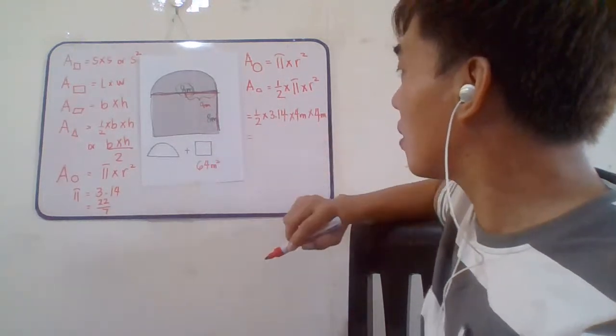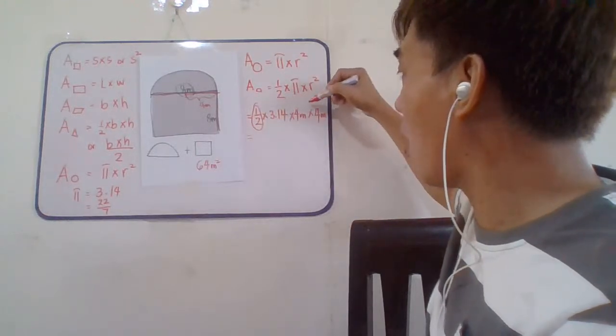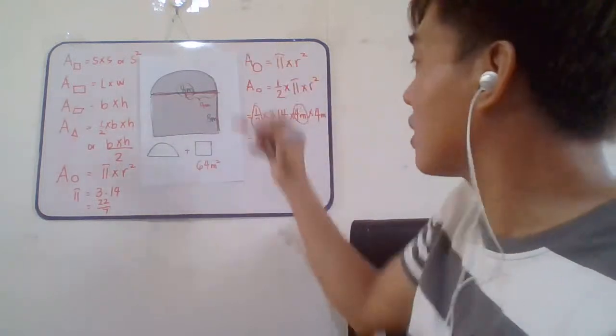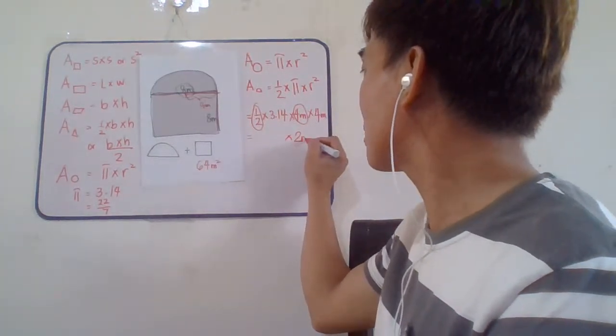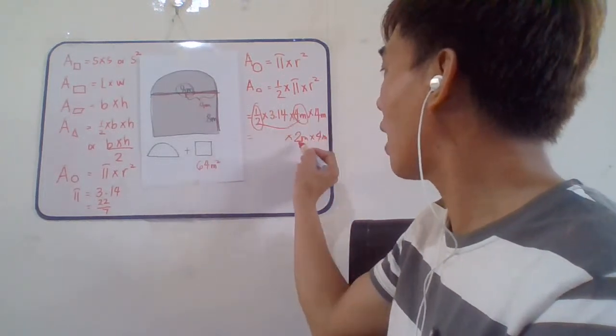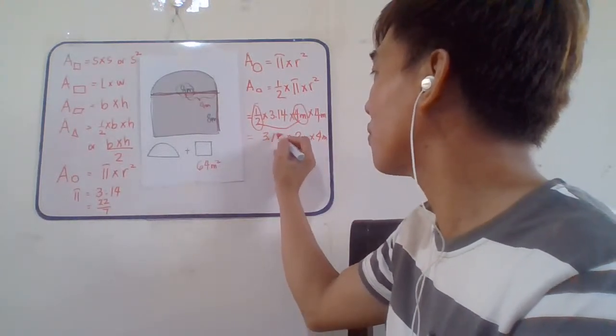Okay, so it would be best if we first get half of 4. Half of 4 is equal to 2. Okay, that's 2 times 4 meters, times 3.14.